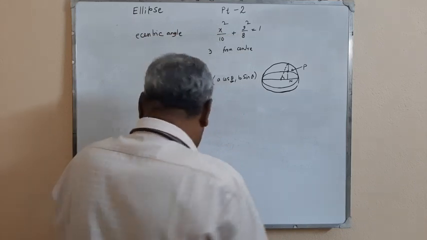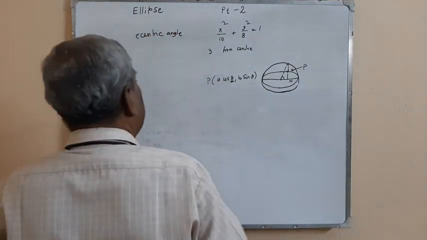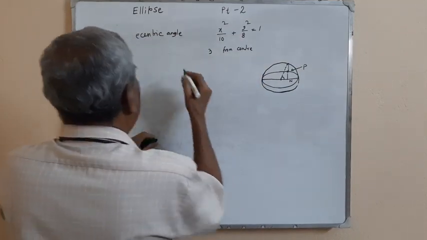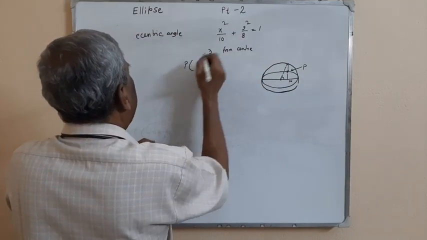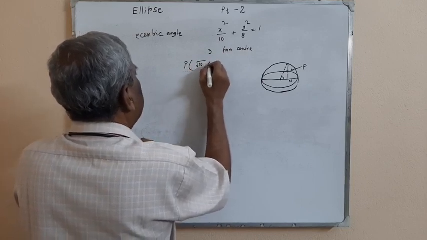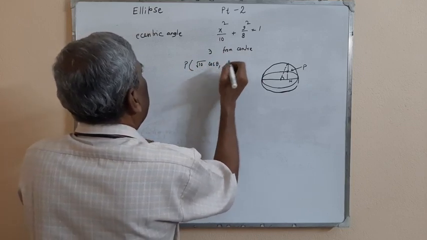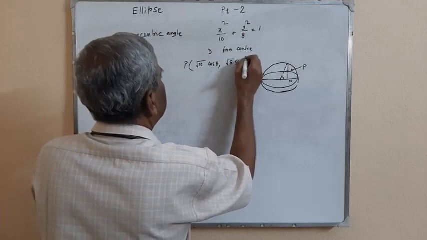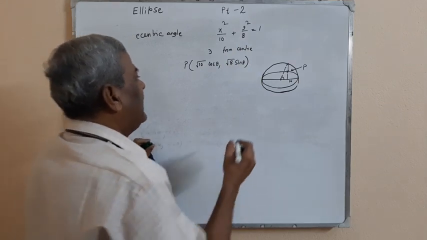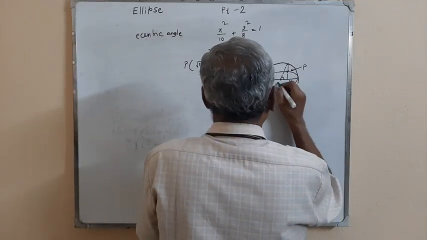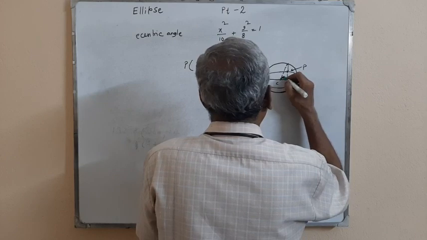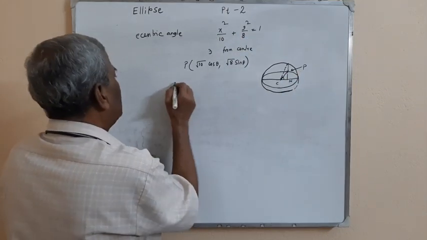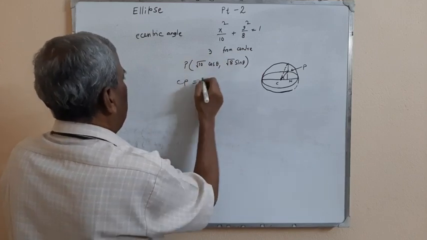So in the present case, the point can be taken as a cos theta, a meaning root 10 cos theta, and b sin theta, b meaning root 8 sin theta.